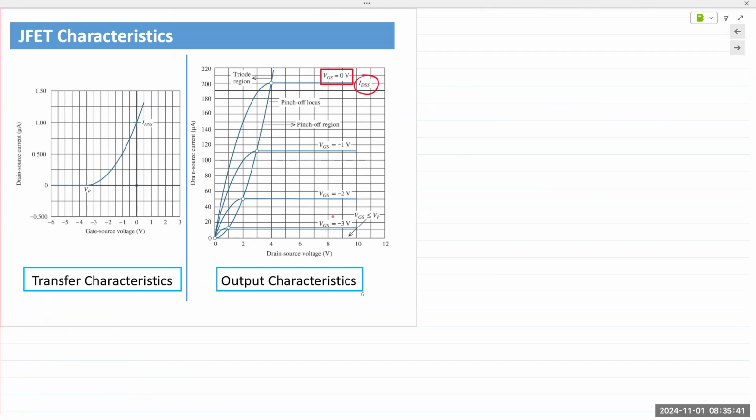And for all other, increasingly negative values of VGS, there is a separate value, and those values are VDSP, the value of VDS where the channel just about pinches off when the depletion regions first meet. And when we join all of those together, we have a linear region of operation towards the left, and then the pinch-off region towards the right.